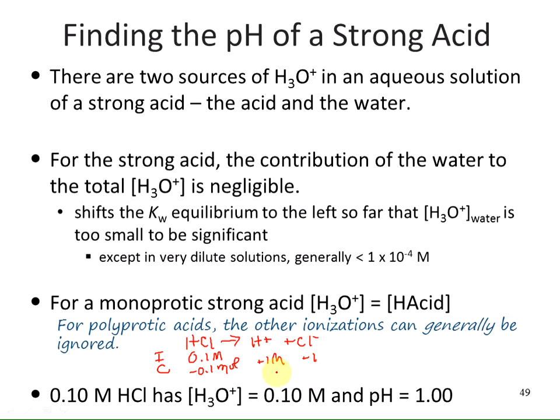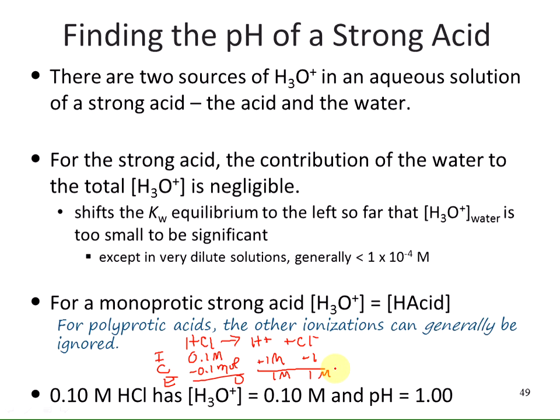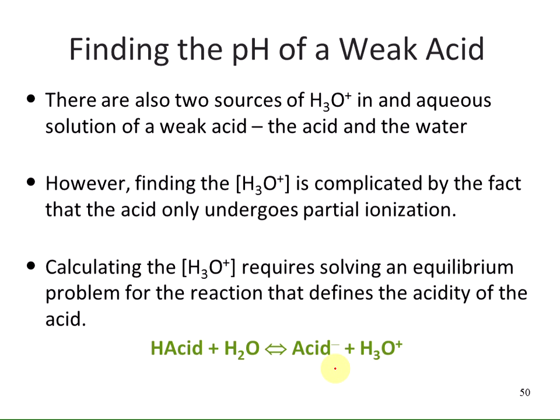So at the ending concentration, you have no more HCl as one molecule. You have 0.1 molar H plus and 0.1 molar Cl minus. So this is why the concentration of the strong acid equals the concentration of the hydronium ion, because it completely dissociates. But finding the pH of a weak acid involves a little bit more math.